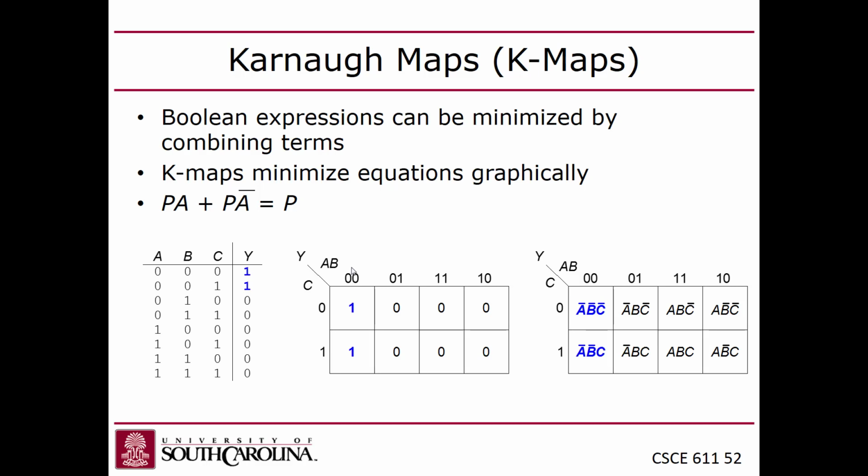And then let's say I have BC. Well, if I have BC, in this case, B is 1. B is not negated, so I'm looking for B to be 1. B is not complemented inside this expression.